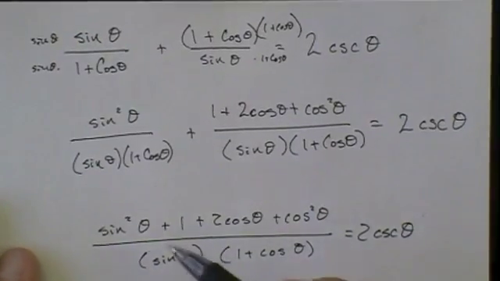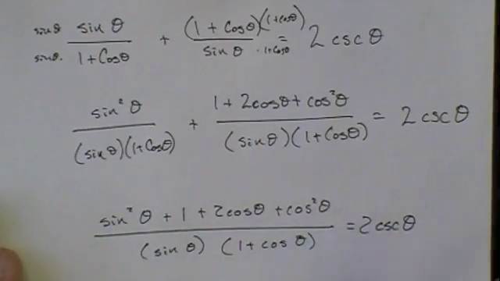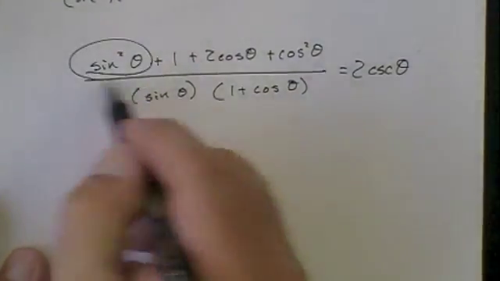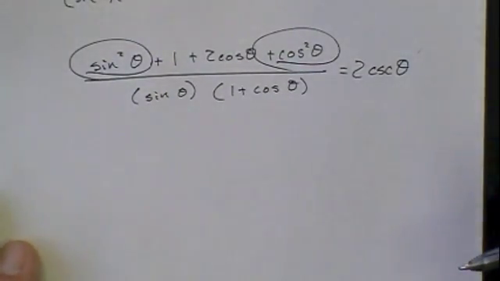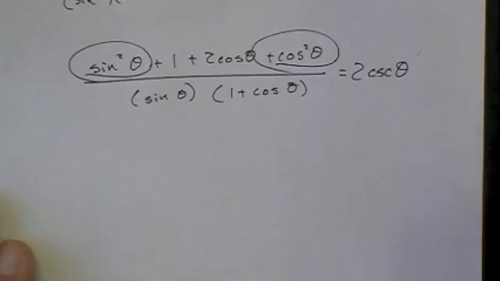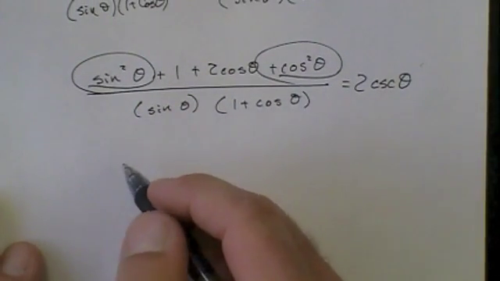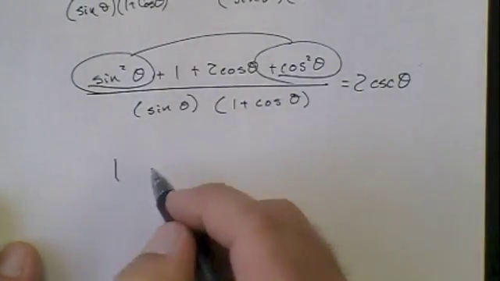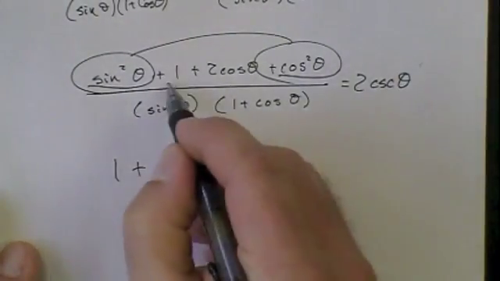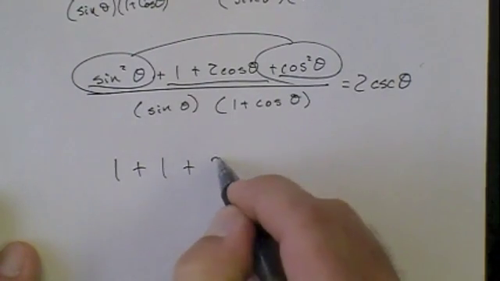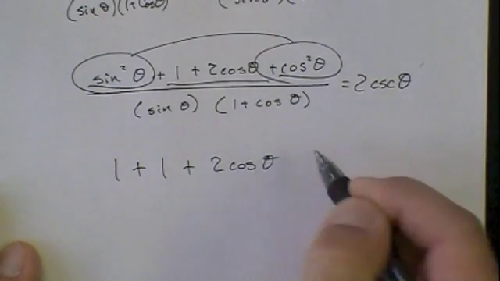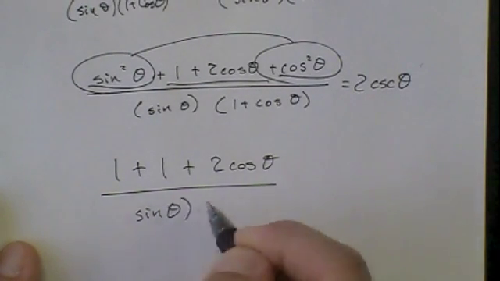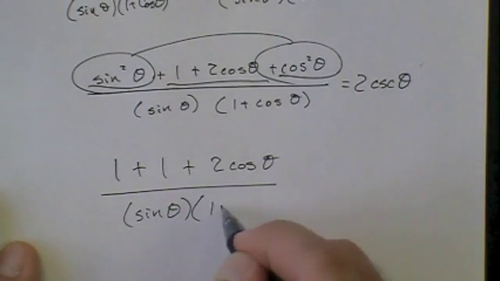Anytime you see a sine squared and a cosine squared, that's one of our Pythagorean identities. So if I take the sine squared theta plus cosine squared theta, I know that equals 1. This is where I would substitute in 1 for that. So now I have 1 plus 1 plus 2 cosine theta all over our common denominator.